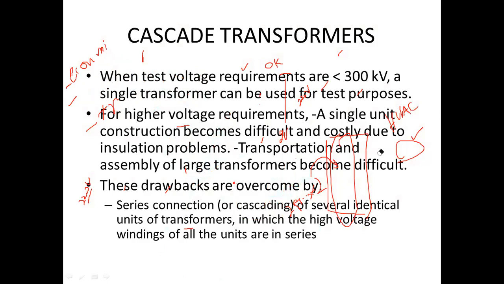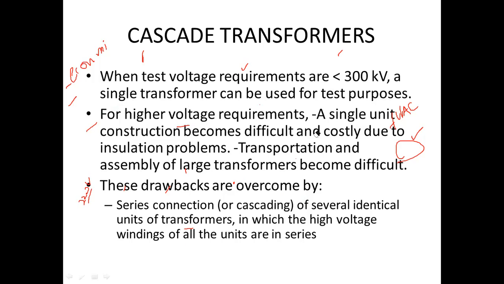When the test voltage requirement is less than 300 kV, a single transformer can be used for the test purpose. For higher voltage requirements, greater than 300 kV, a single unit construction becomes difficult and costly due to insulation problems. And the transportation, I have already discussed.